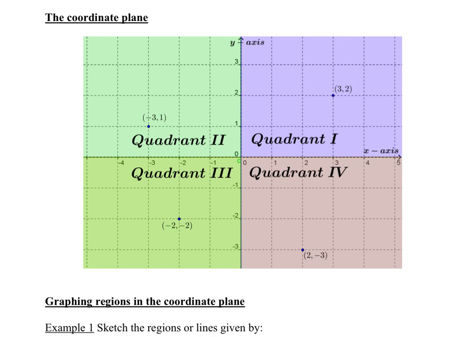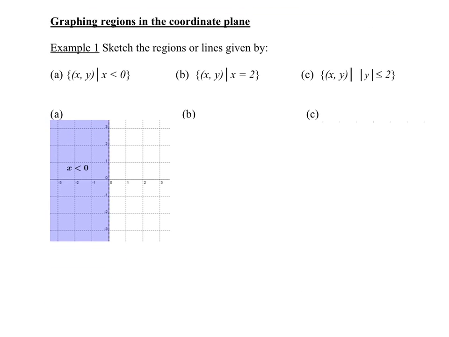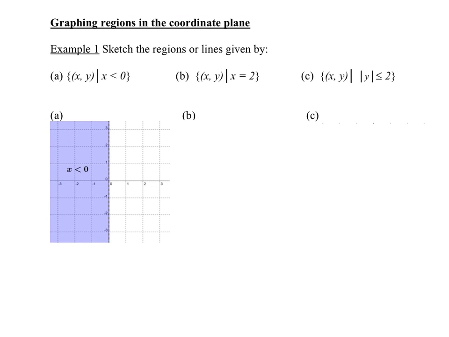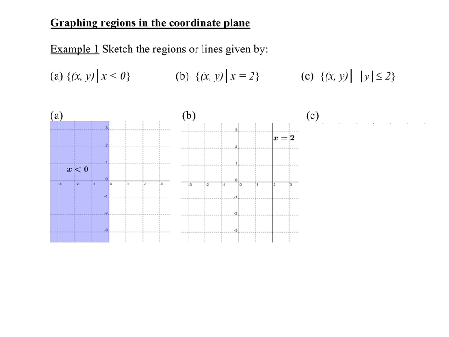This is the point (2, 3), (2, 2), (2, 1), (2, 0), (2, -1). The x-coordinate is always 2. So, to graph x = 2, you just draw a vertical line like this.